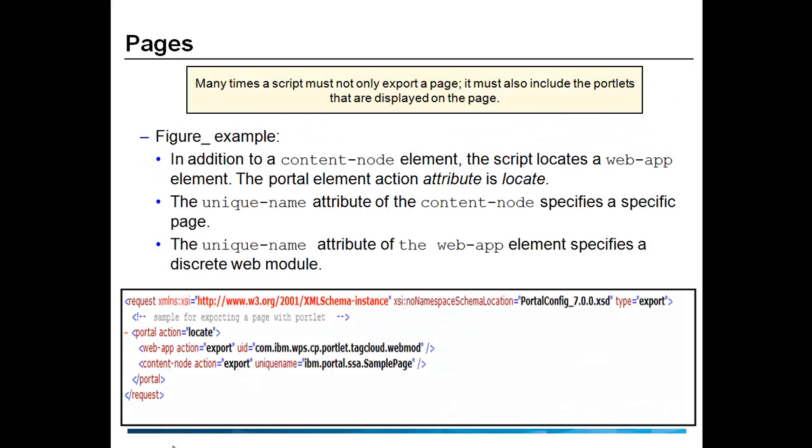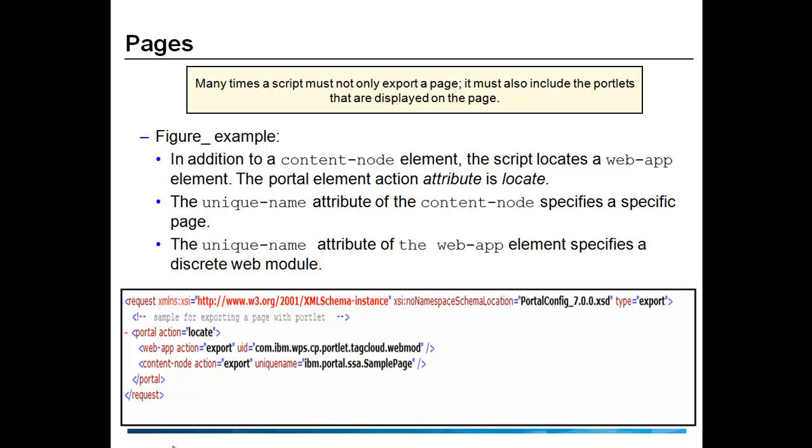So pages. Many times a script must not only export a page, it must also include portlets that are displayed on the page. For example, when you say portal action locate and web app is so and so, content node, web app stands for your WAR file and content node stands for your page. So what happens? It is exporting, locating the particular WAR file on the page.